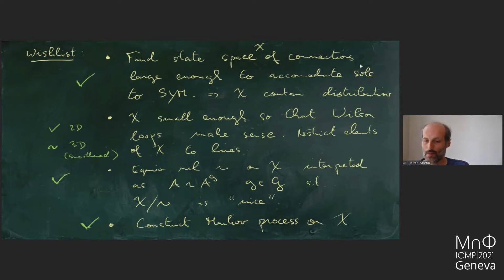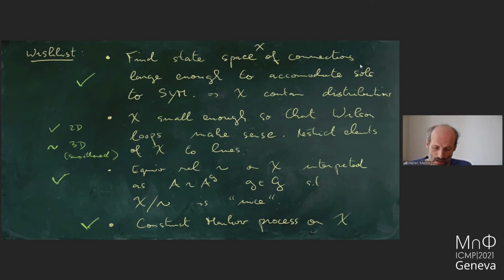In the case in which the gauge group is abelian, that space would even be larger than the space of all distributions, more like a space of generalized functions à la Colombeau. So it's an extremely large space, and definitely way too large for, for example, the second point or anything.